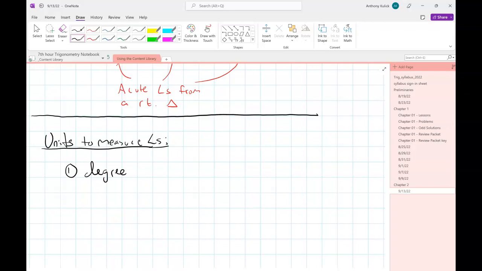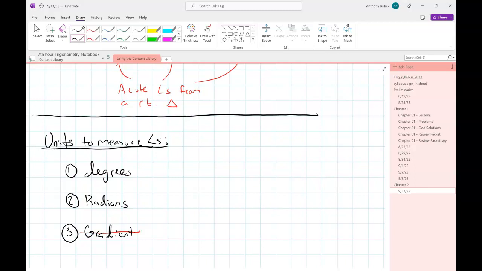Like, well, how long is a meter? Just like, it's this long. So we're going to talk about another way that we can measure angles today. That's called the radian. And there's actually a third way called a gradian, but that's not something we do in a high school classroom, so we're not going to worry about that.